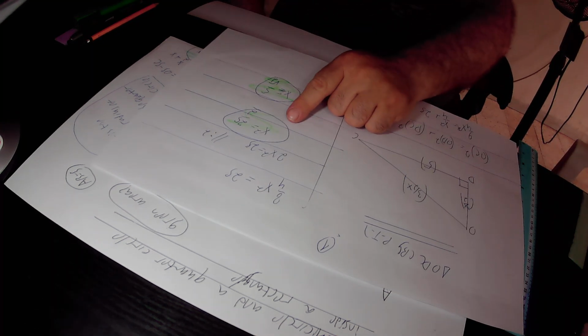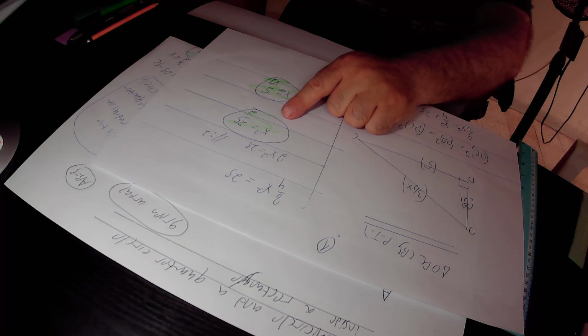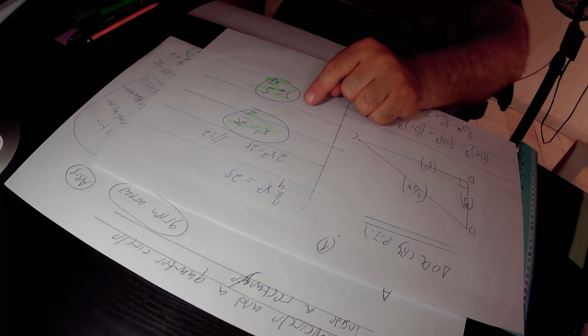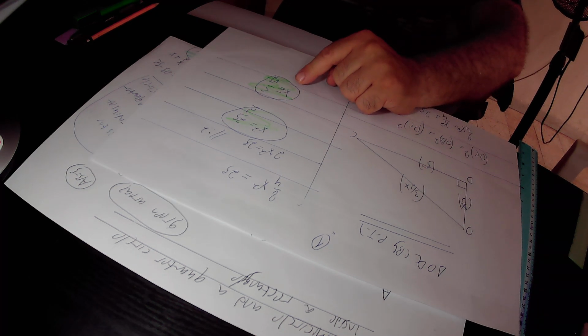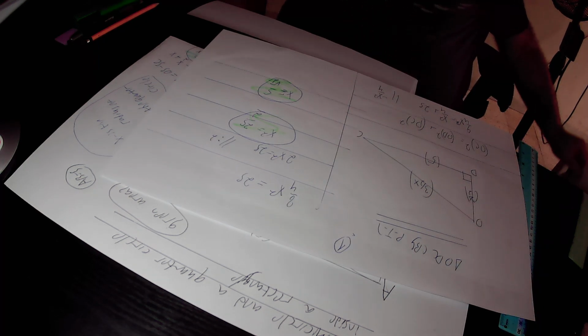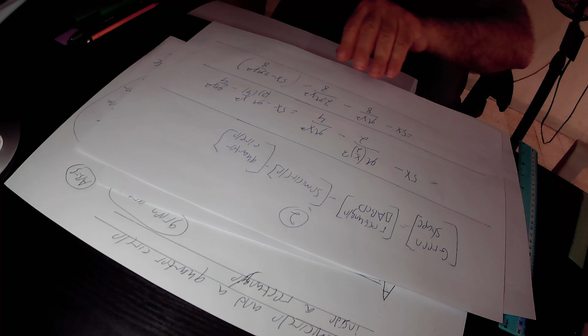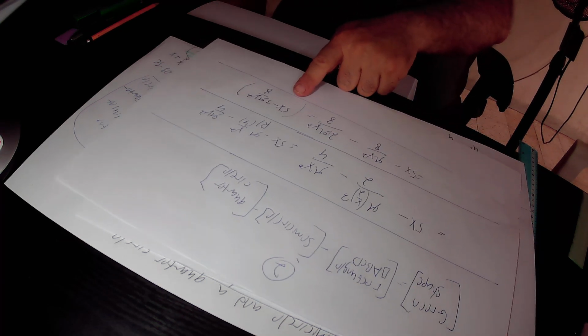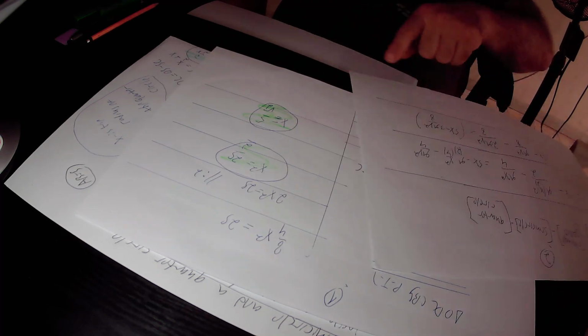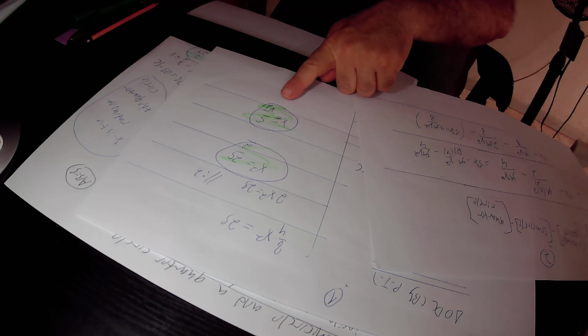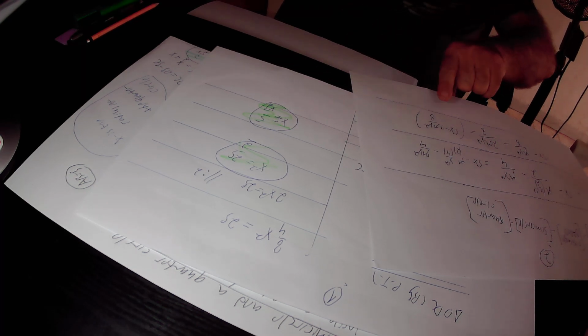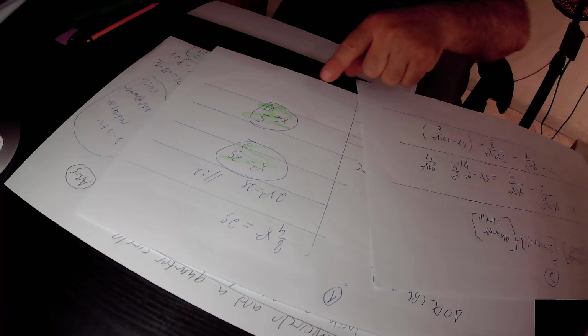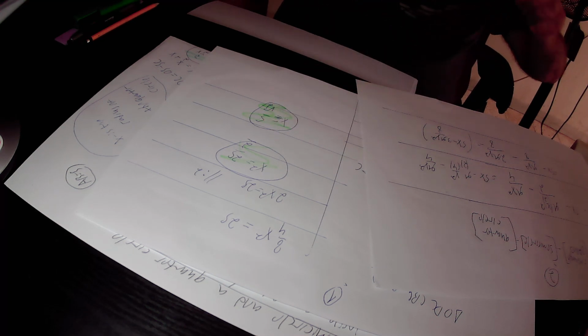So we already found out that x squared equals 25 over 2, and x equals 5 over square root of 2 units. So here we'll substitute x by 5 over square root of 2 units, and x squared by 25 over 2.